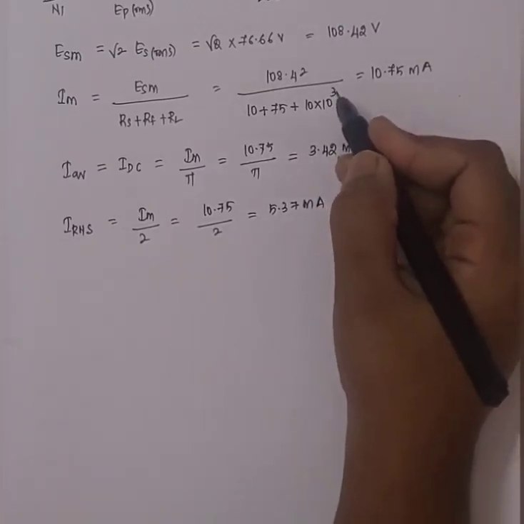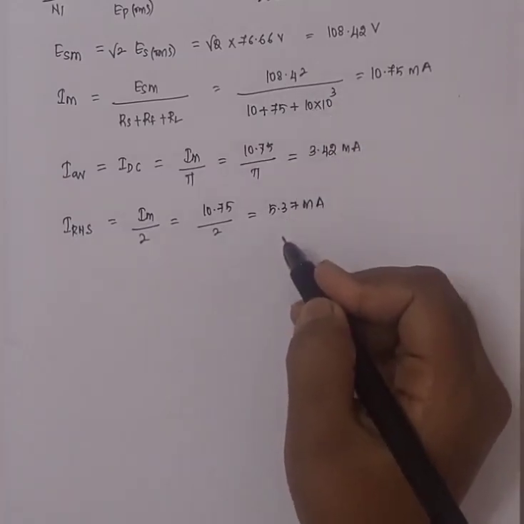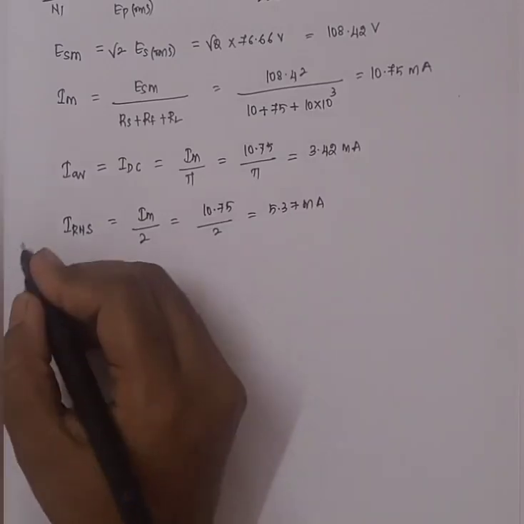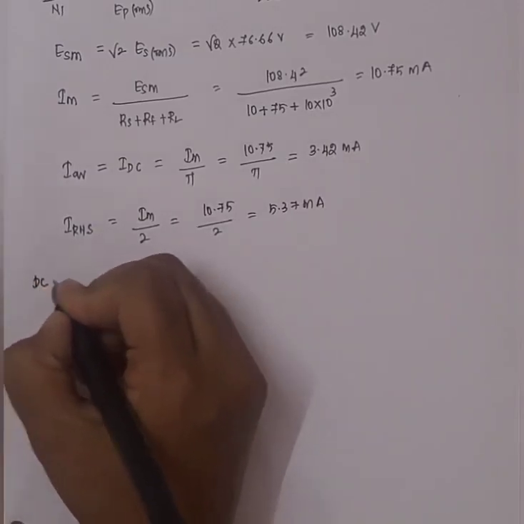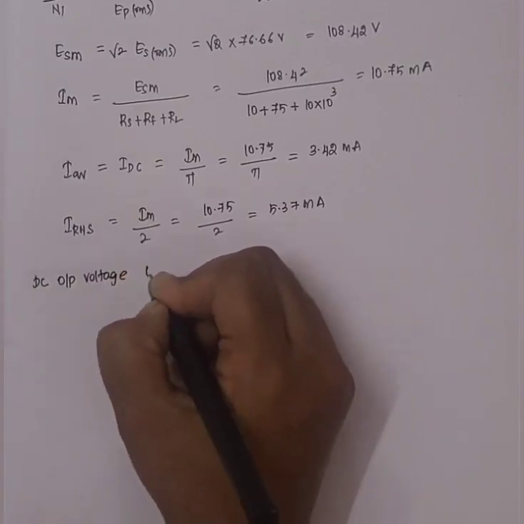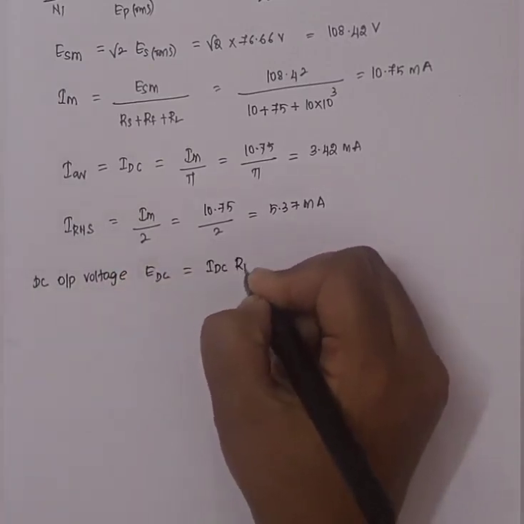So the formulas for IM, I average, IRMS, everything we have derived earlier. Using that only we have solved all these things. Next is the DC output voltage, that is EDC, which is equal to IDC into RL.